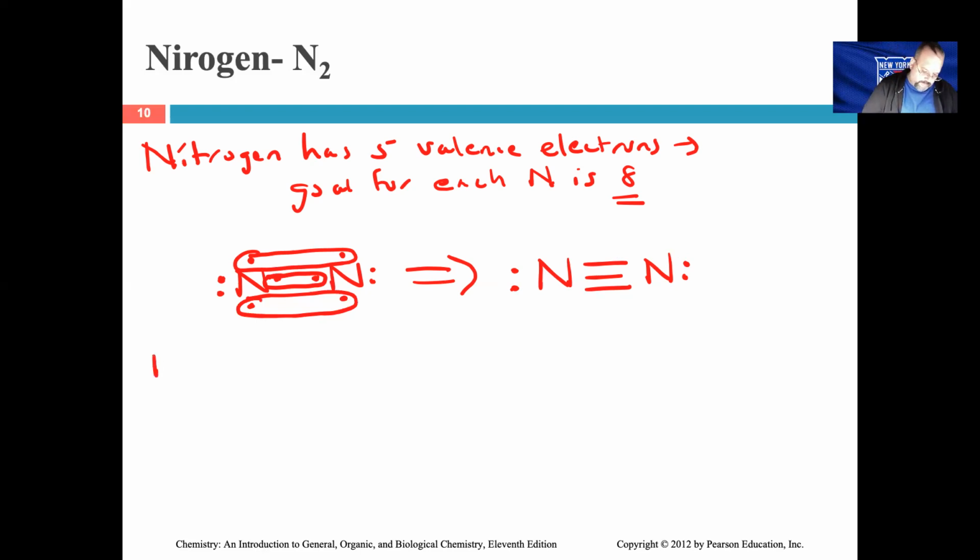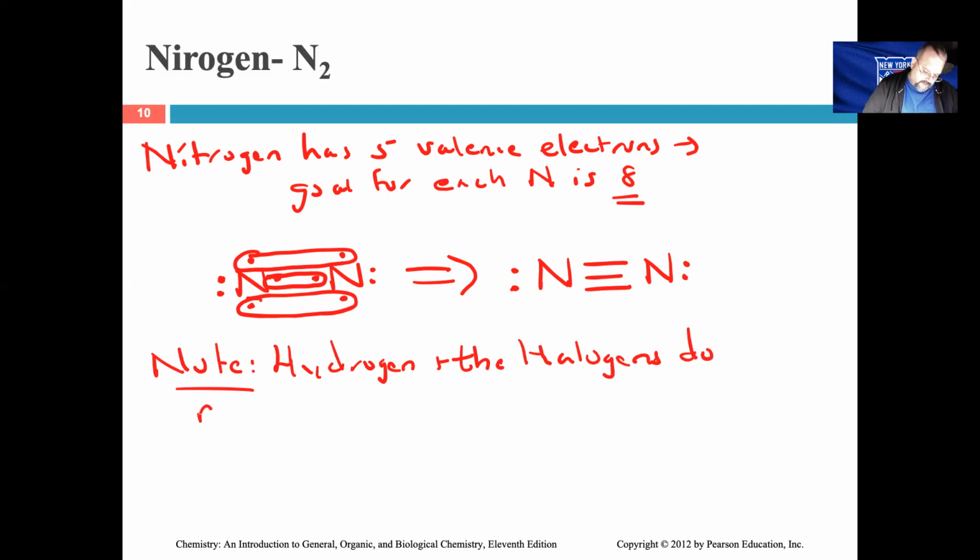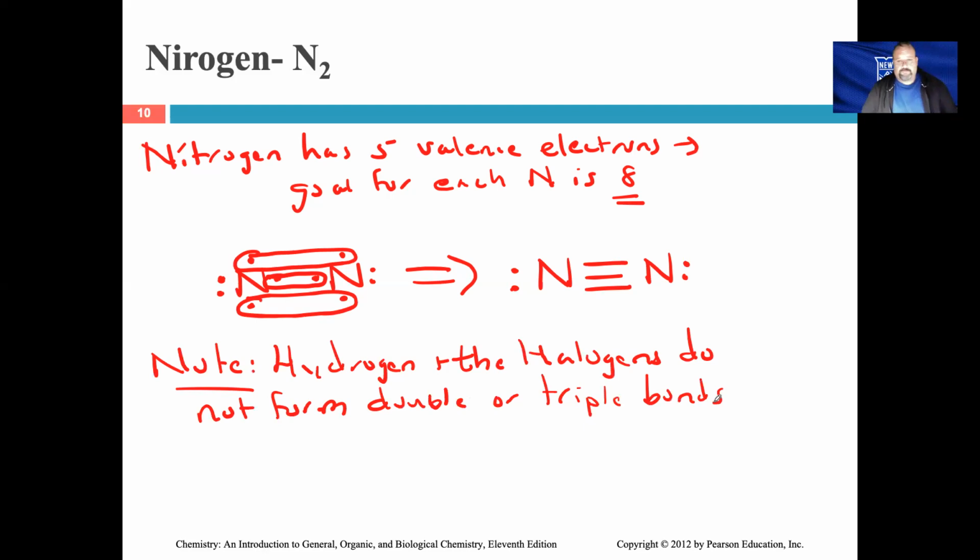Just a thing to note: hydrogen and the halogens do not form double or triple bonds. Hydrogen can't. Why?